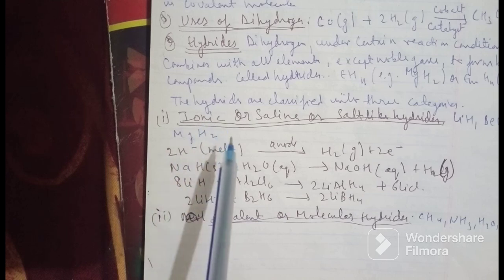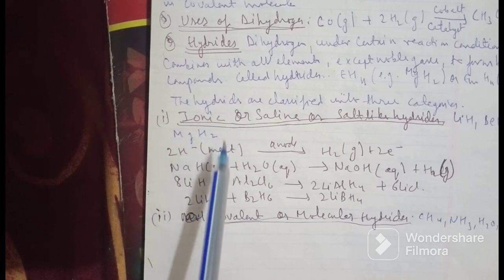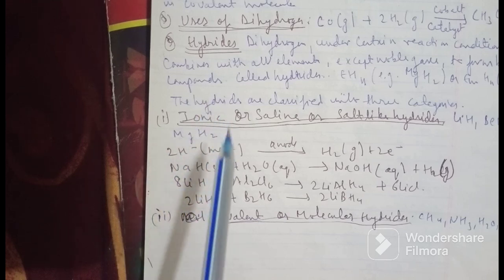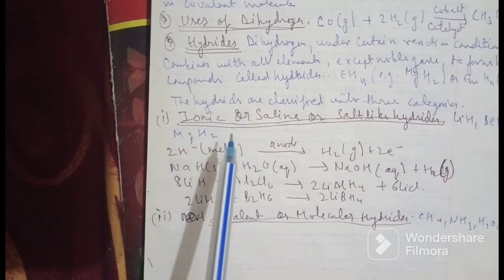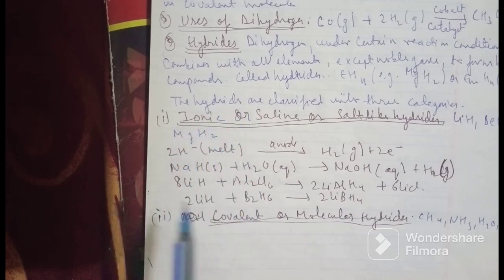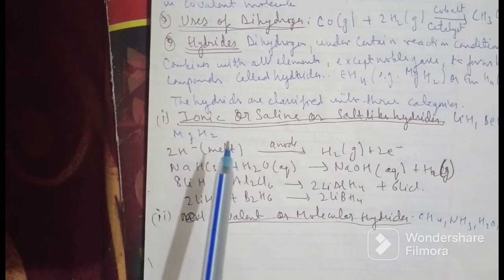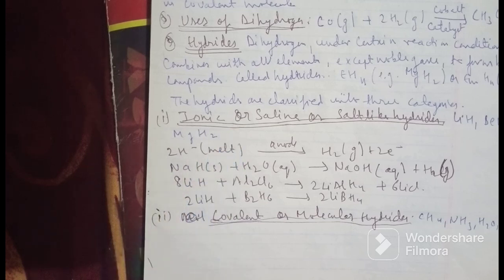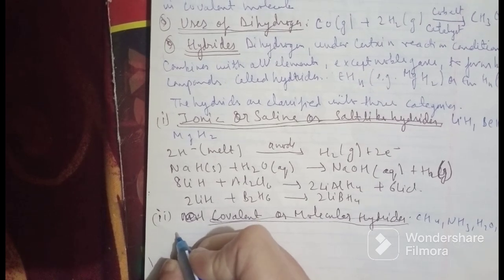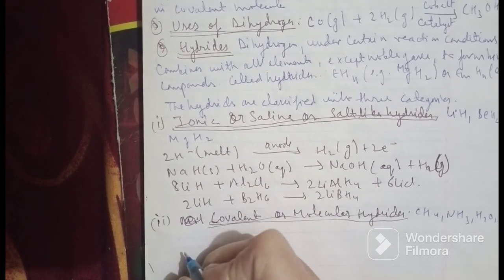They are volatile compounds. Molecular hydrides are further classified according to the relative number of electrons and bonds in their Lewis structures. I'll write it down so that it will be clear to you.